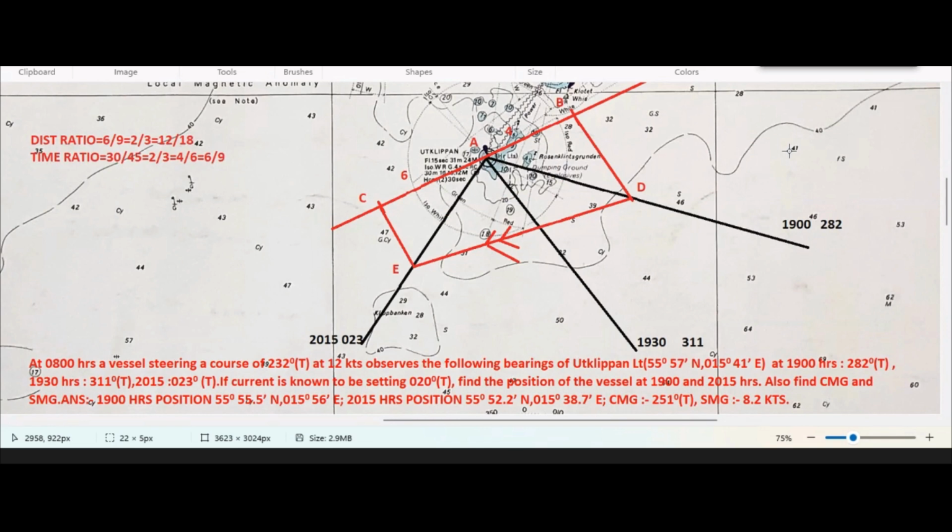It is better to use the term parallel to the center bearing. BD and the 311 bearing line are parallel. Similarly, CE and the 311 bearing line are parallel.